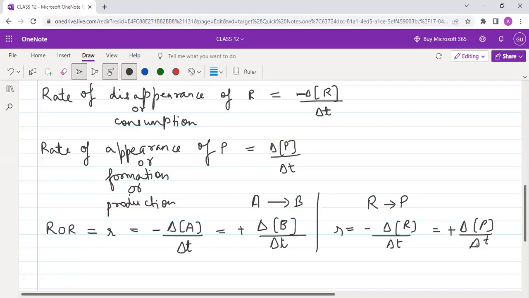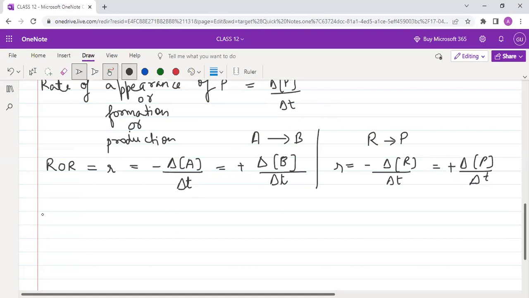Okay, so do you have a notebook and pen with you? Yes. Okay, fine. I'll just give you one question and then you have to write a rate expression for it. So it is 2HI gas forms H2 gas plus I2 gas.